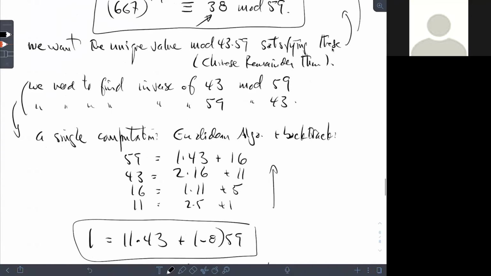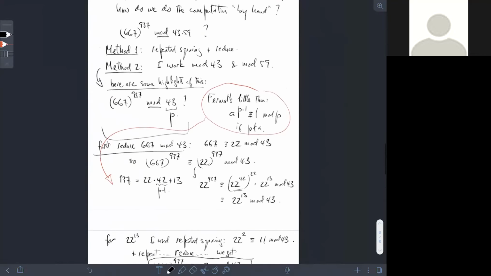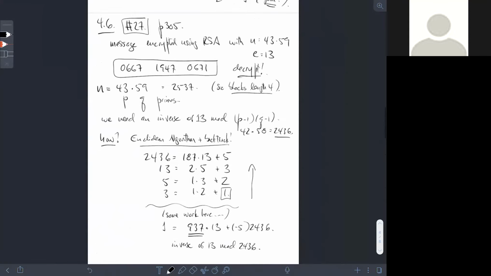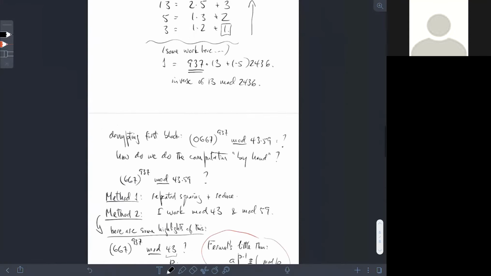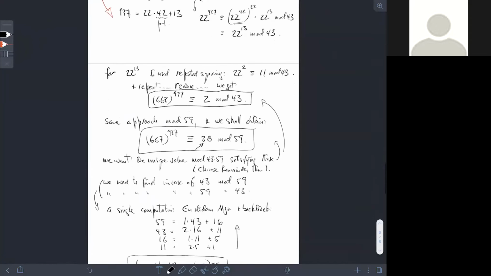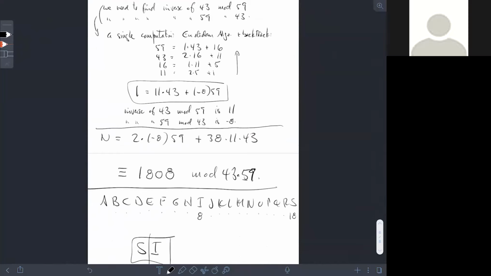Yeah, I just had one question for the two other blocks. So we would do the same computation to find the 2 mod 43 and the 38 mod 59, but with the other blocks, and then use the same inverses of 11 and -8, right? n equals 2 times -8, blah, blah, blah.